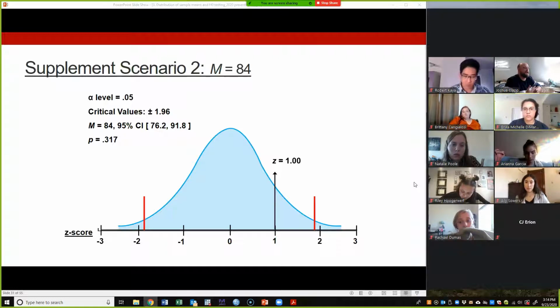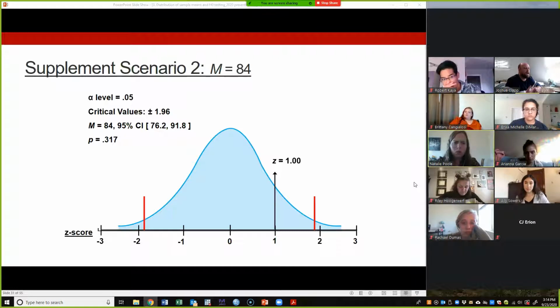Natalie, what do my data say the mean test score for older adults using cognitive supplements might be? It's 84. But based on the data, what are values that would be consistent with the data I've collected? Anywhere between 76.2 and 91.